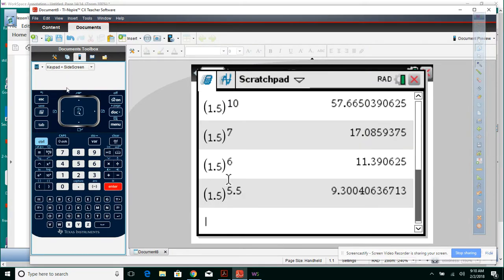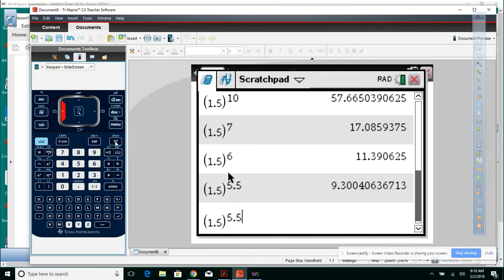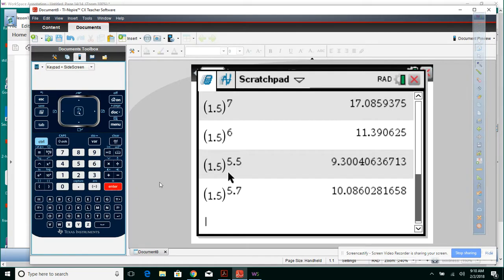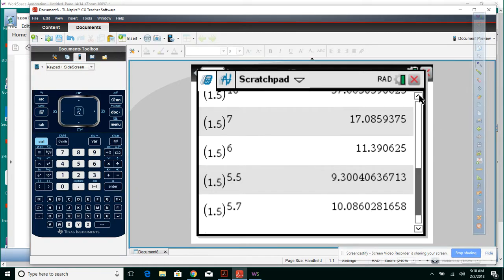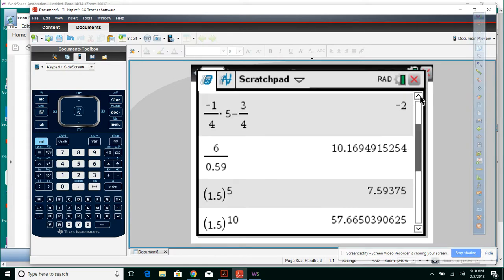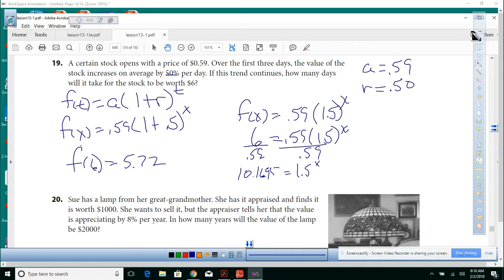So you know it's a little bit more than 5.5. Just walk it up. 7, 10.08. And you're looking for 10.16. Okay, so you can do this at home.